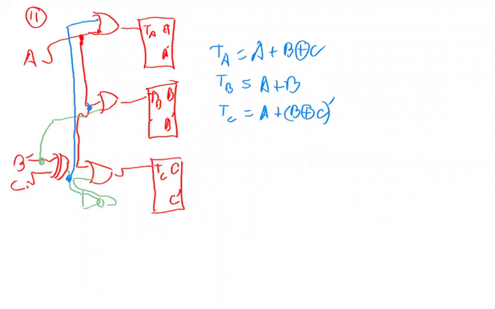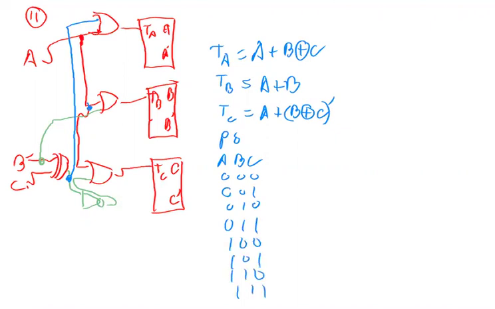Does everybody kind of see that? So at this point now, I can write out a present state, A, B, C. I can write out T sub A, T sub B, and T sub C. And I know T sub A is going to be A. So there's A. Let's sort of put in a line.